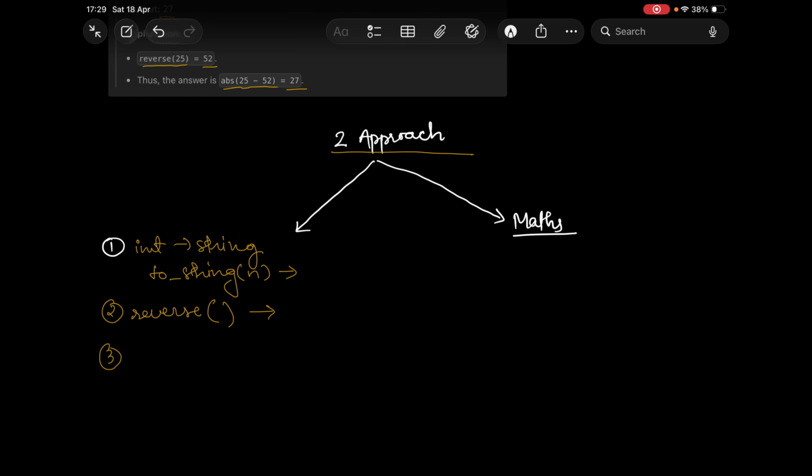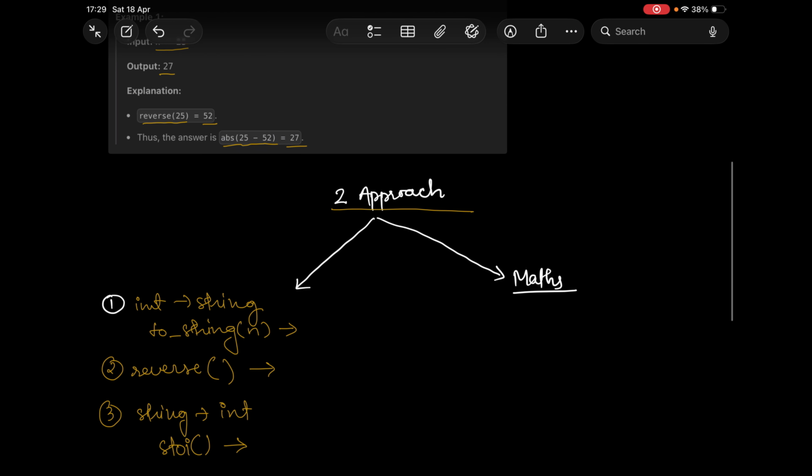And when we get the reversed string, we can get the integer value from the string. In C++, this is string to integer, and we can do this using the stoi method. So this will give us the integer value.